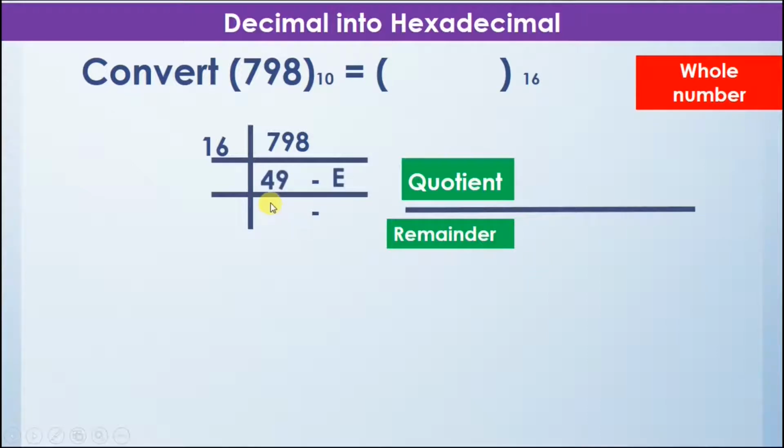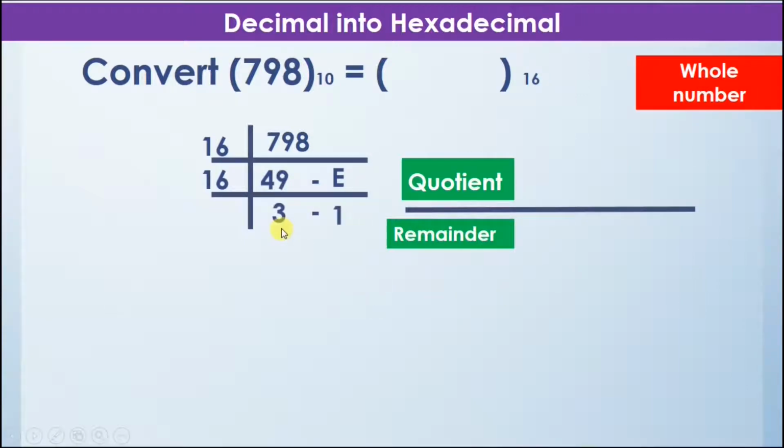So as we know that 49 is greater than or equal to 16, so we will divide 49 by 16. So when we divide 49 by 16, we get the quotient as 3 and the remainder is 1. So 3 comes here and 1 comes here.